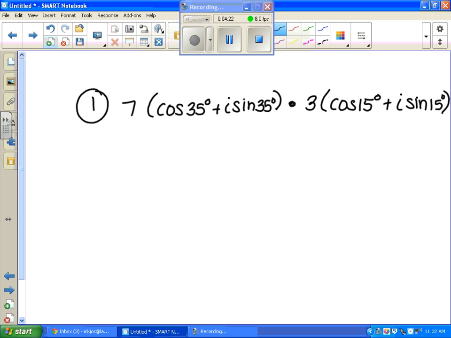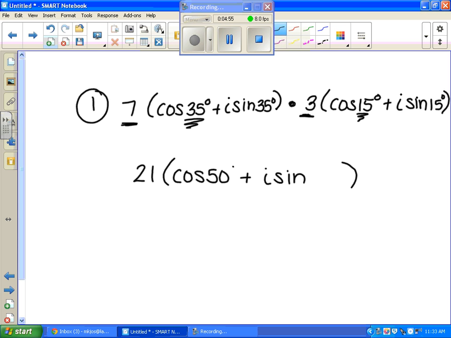All you're going to do is multiply your 2 r's. Your first r is 7. Your second r is 3. So 7 times 3 is 21. The angles are cosine plus I sine. To figure out what your final angle is going to be, you add these 2 angles. 35 degrees plus 15 degrees equals 50 degrees.